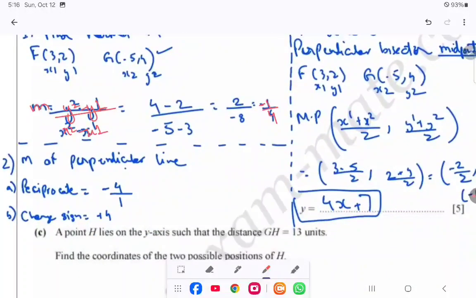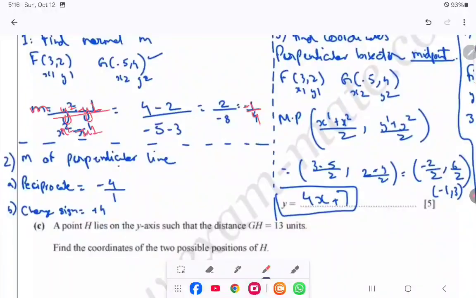In order to calculate m2, we can simply take the reciprocal of the value of m1 and change the sign, or we can apply the formula m1 times m2 for a perpendicular line is equal to negative 1. m1 is our negative 1 over 4, so m slope is equal to negative 1.